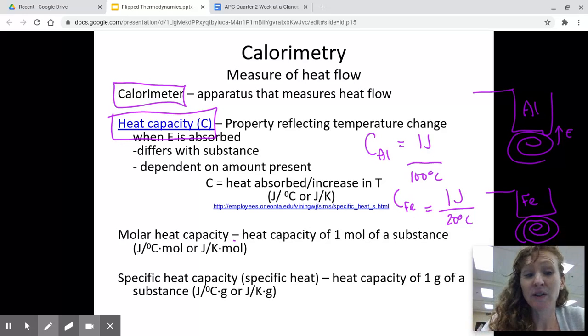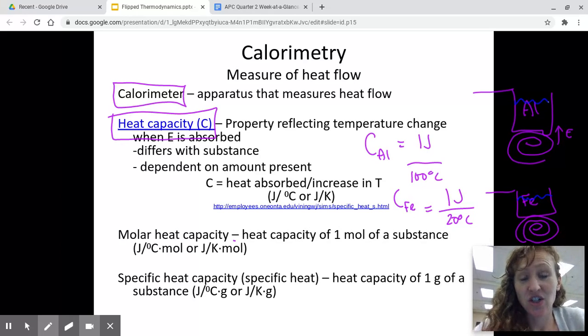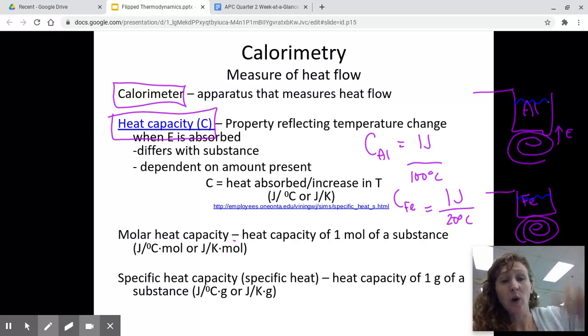I mean, if we filled these pans with water, then that would change the amount of temperature, right? If you're going to leave an aluminum pan on your stove, you're going to burn through your aluminum pan quite quickly. But if you leave an aluminum pan with water on your stove, it's not going to burn through.